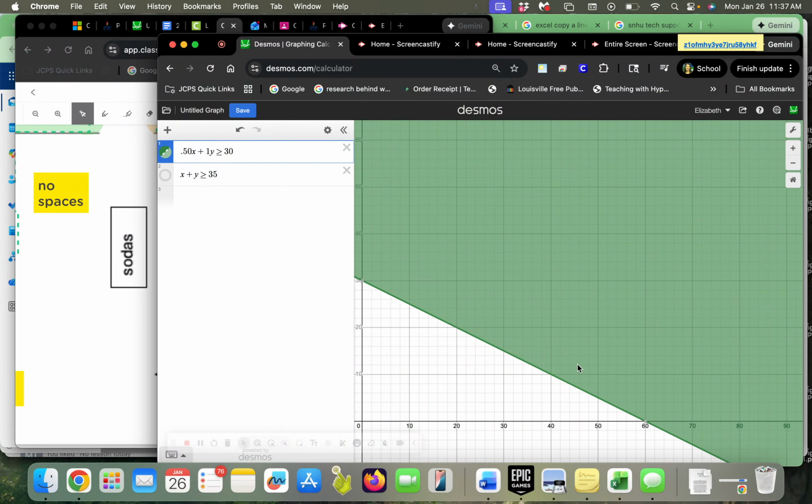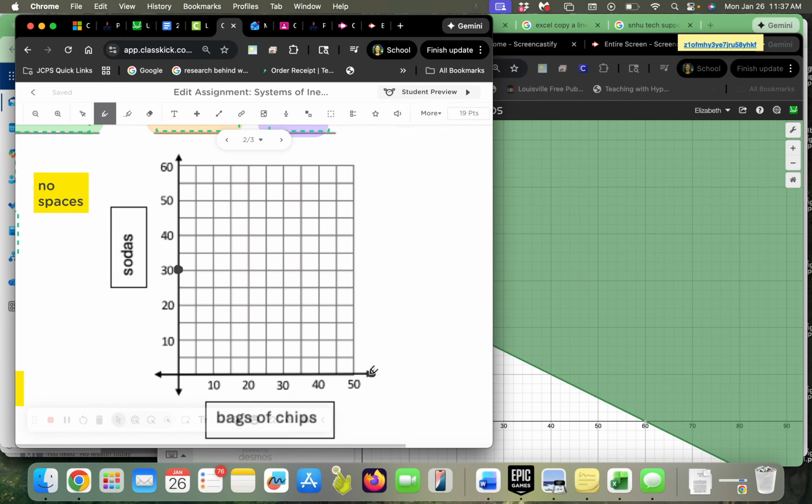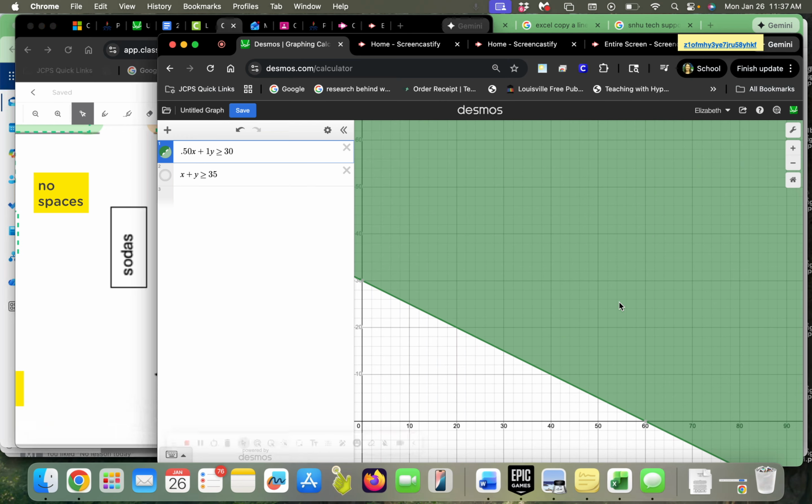My Y coordinate is 30, my X coordinate is 60, and they're connected by a solid line. So I'm going to put a coordinate at 30. This is where I screwed up again, and I'm just going to have to put my 60 a little off the graph. And I'm connecting them with a solid line because it is an equal to.